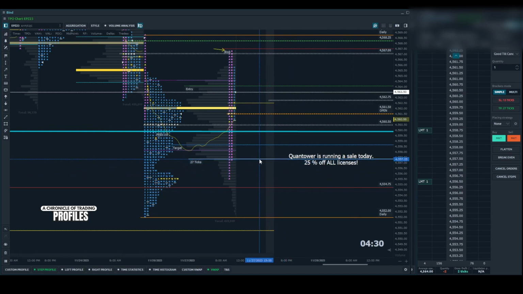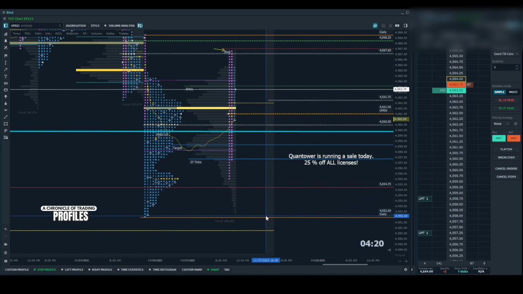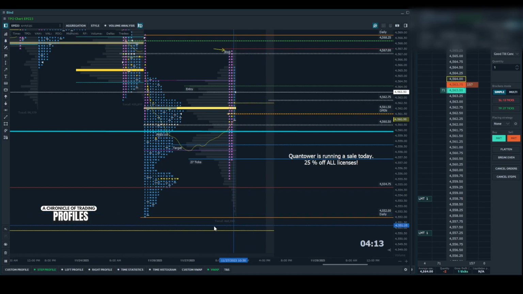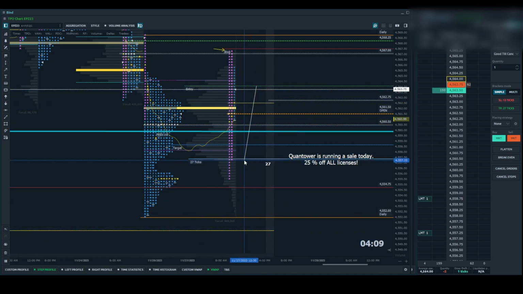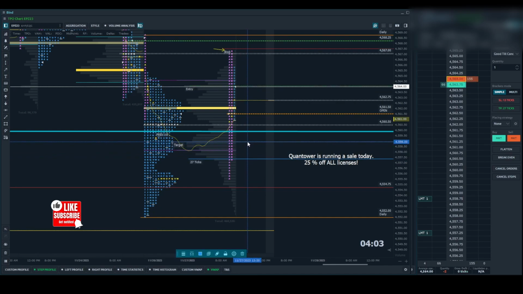We got to move this up, 725. I move this one up to get within the, actually go one more tick.